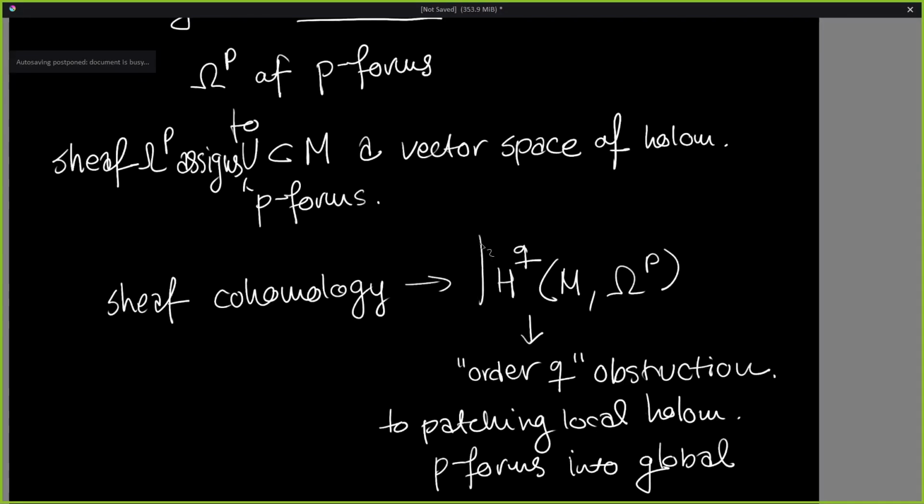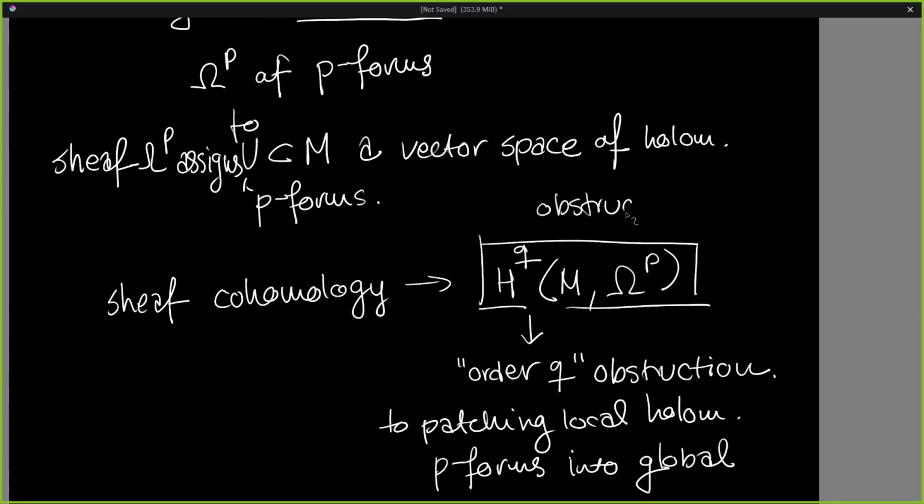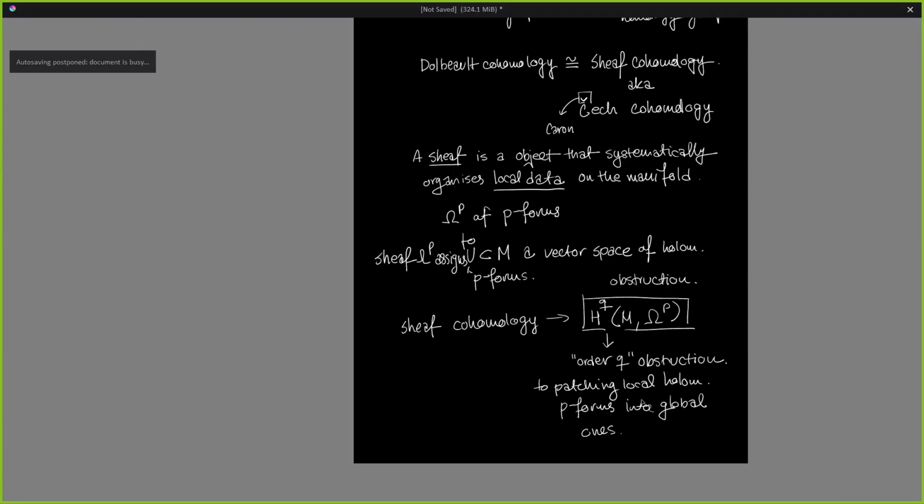So this is also an obstruction, right? This is still some sort of obstruction because it's preventing us from coming up with a global solution to some sort of problem.